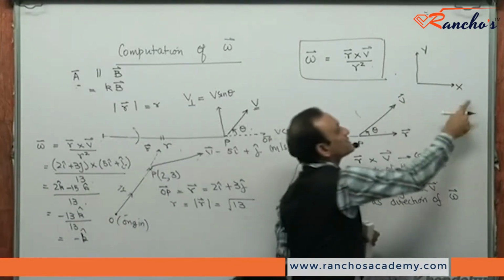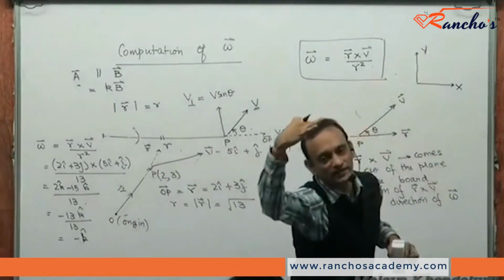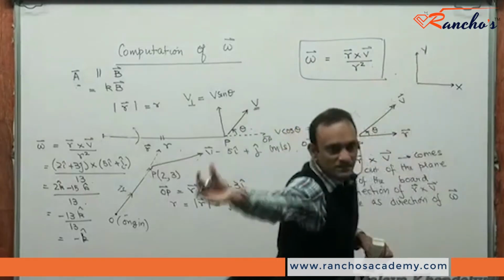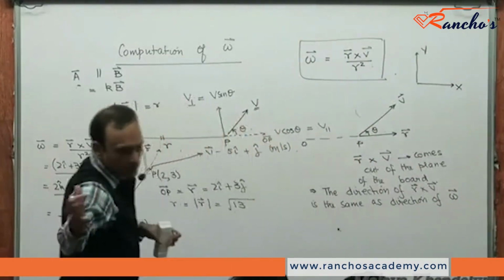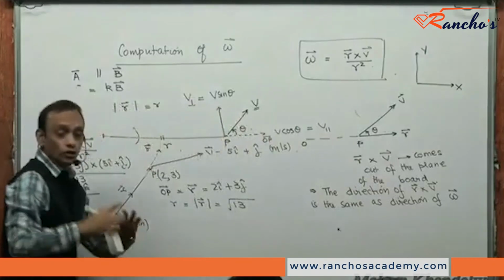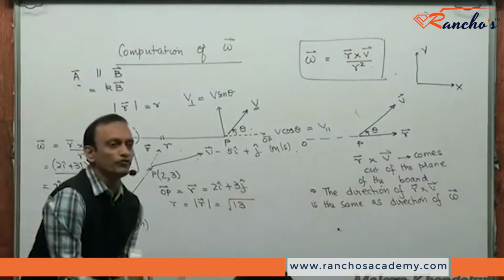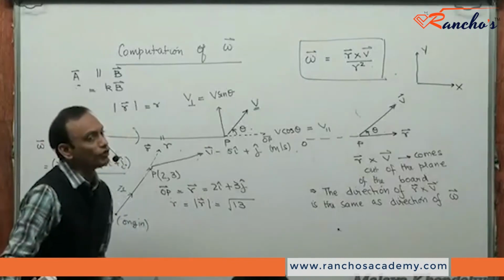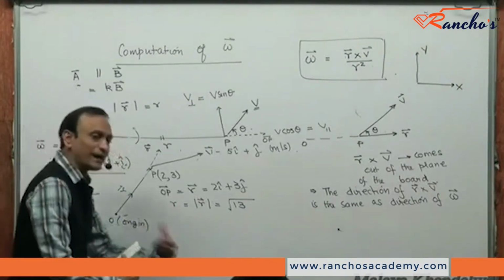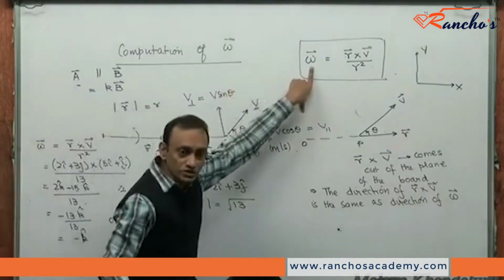Because if this was my x, this was my y, x cross y will give me the direction of z. Plus z is coming out of the plane of the board, right? Do you all understand everything that I have said here? So I'm trying to give you a very general feel for omega, a vectorial feel for omega, which in one shot gives me both the magnitude and direction, this expression.